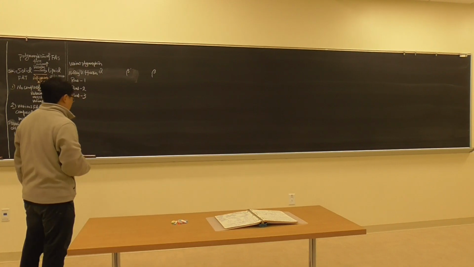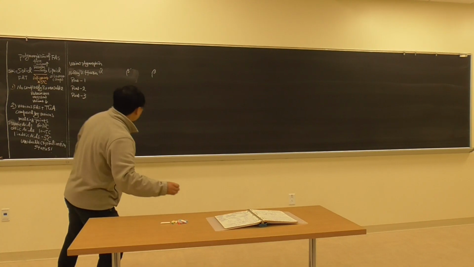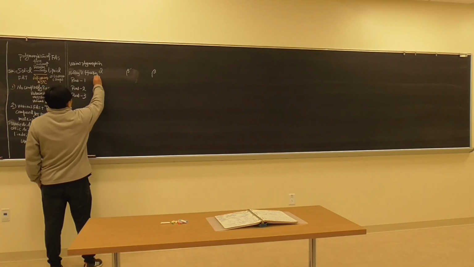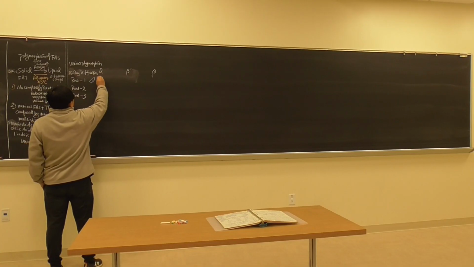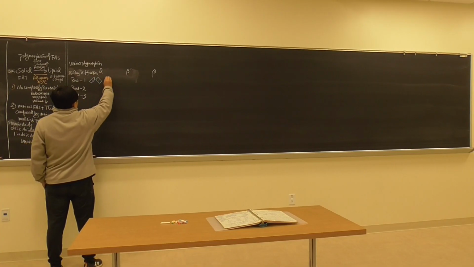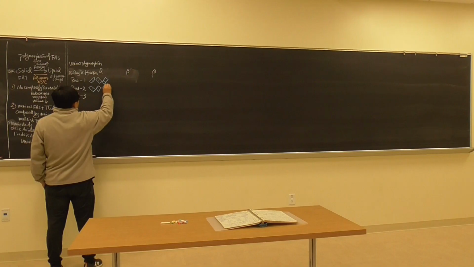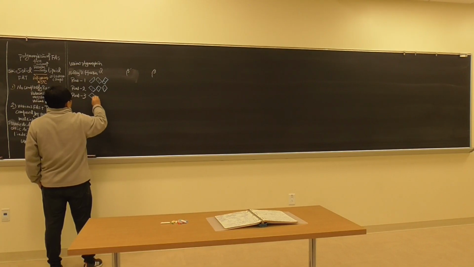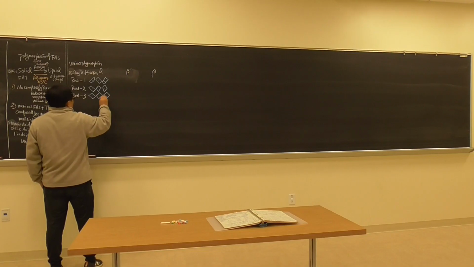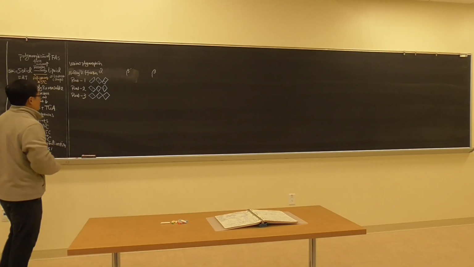So what does the alpha look like? The alpha looks somewhere like this, somehow like that, some like this, some like that. So what does this mean?